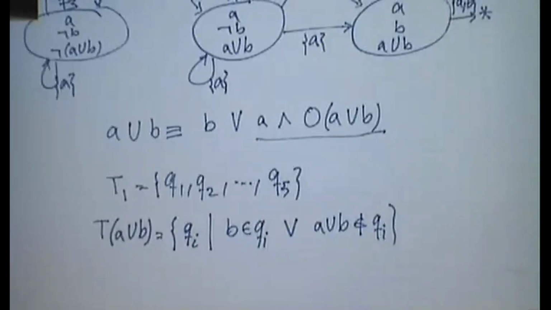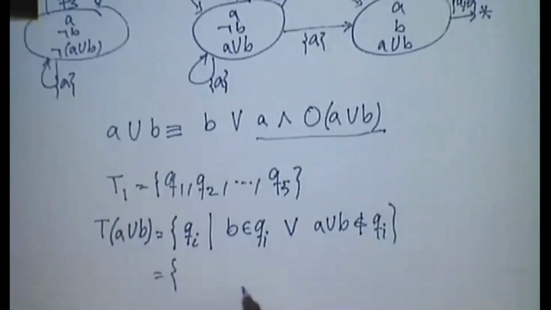Okay. So I use this as my second Büchi objective. So I'm creating a generalized Büchi automaton. So a word is accepted if and only if it visits T1 infinitely many times, and it also visits this one, T of A until B, infinitely many times. But let's see which states these are.